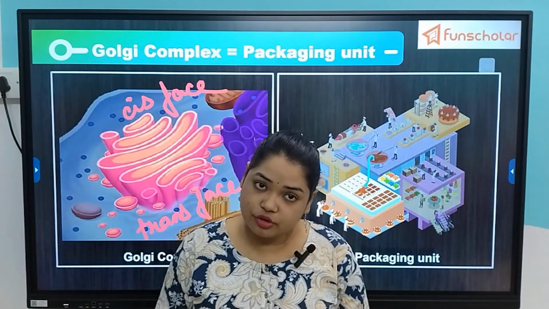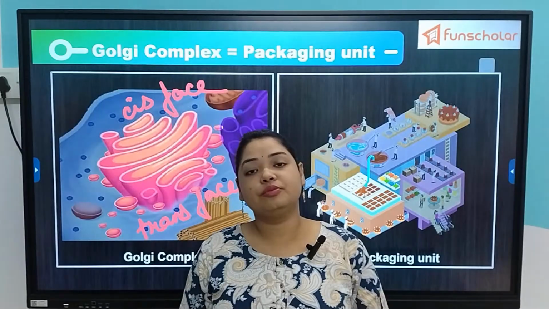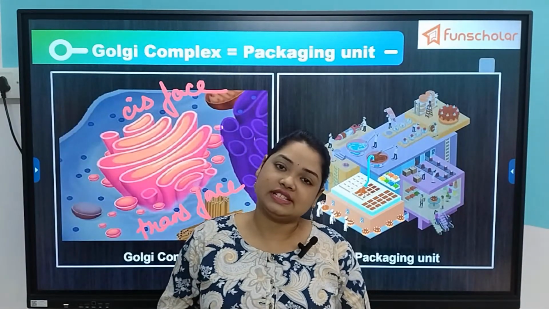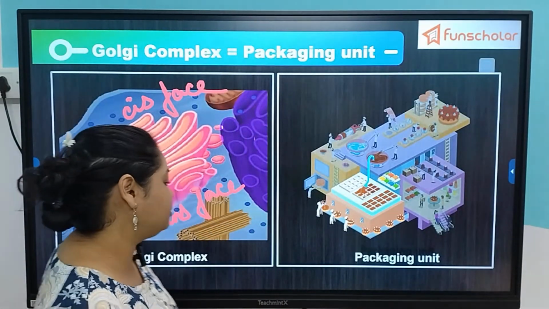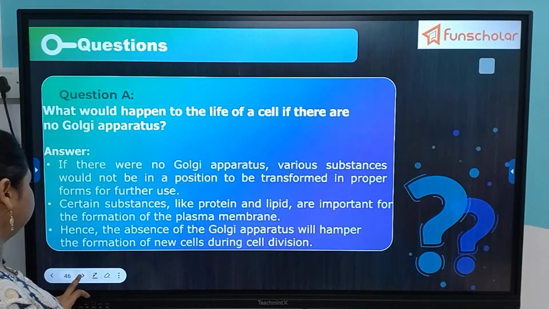So in order to prevent the infection from spreading, the lysosome destroys the whole cell. That is why they are known as suicidal bags. So we'll know about them also.